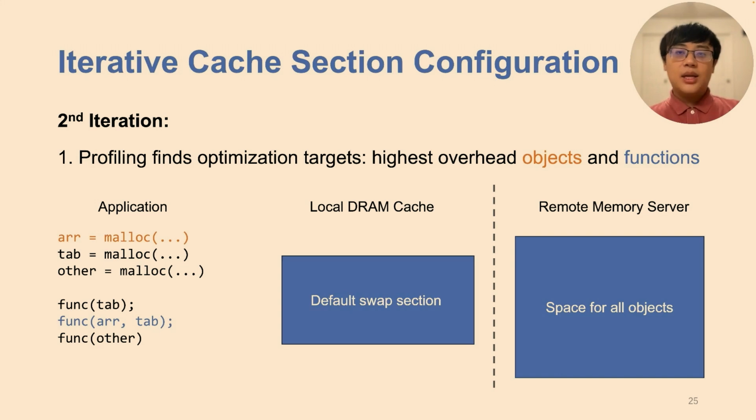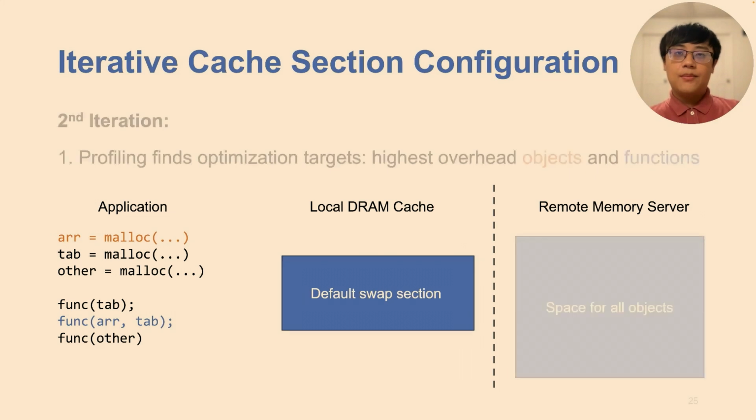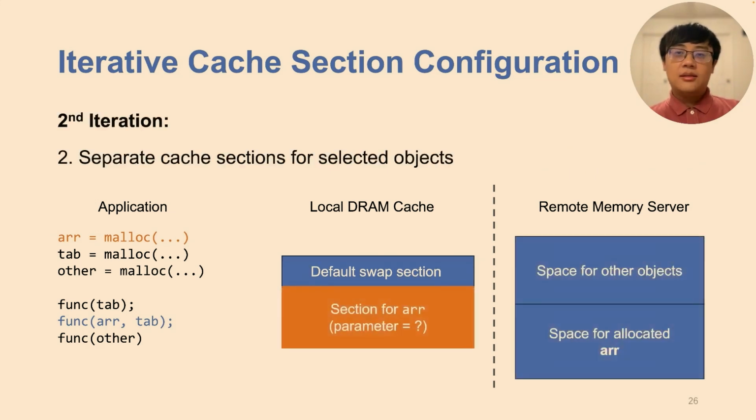In the second iteration, Mira profiling finds optimization targets, which are objects and corresponding functions with high execution overhead. In this example, we identify this sequentially accessed array and the corresponding function. After seeing the targets and observing that their behavior is different from existing sections, Mira tries to create a separate section and place the object into it.